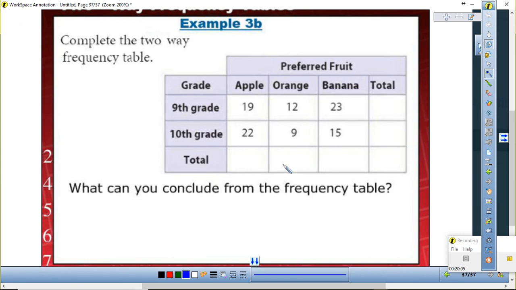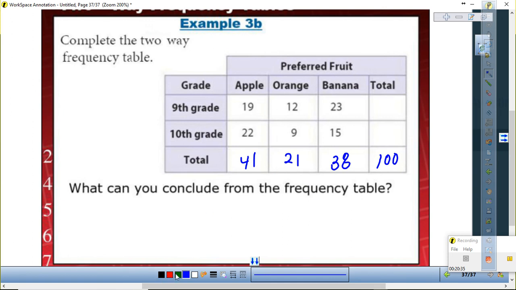All right, so let's see. If I go straight down on the apple column, what is the total for people that like apples? 41. Is that correct? How about people that like oranges? 21. How about people that like bananas? 38. If I add all these three together, 41 plus 21, that's 62, plus 38, that's how much? 100. Okay, now that's one way. Let's go the other way.